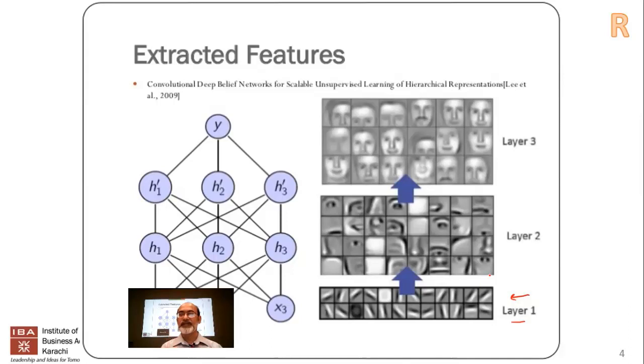It doesn't know what a nose is yet, but it does know what an edge is. Now the second layer, it's a combination. All of these are combining. So when it gets a combination of features which look like this and like this, it can combine these into a high level feature and say this is a combination of low level features.